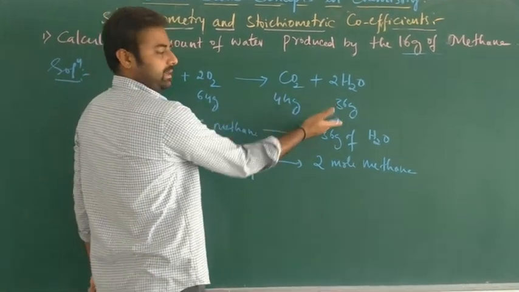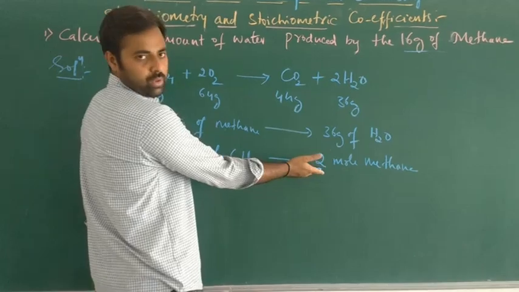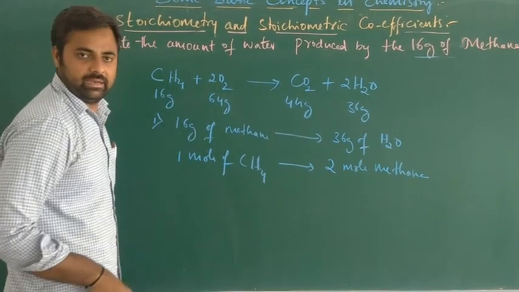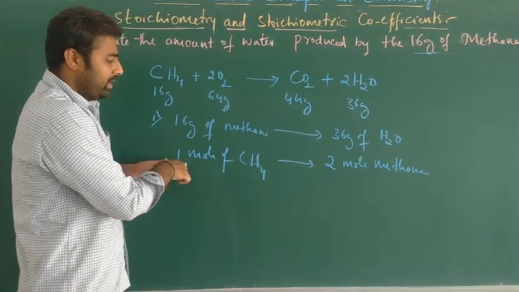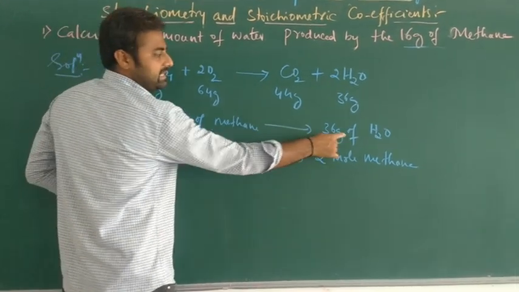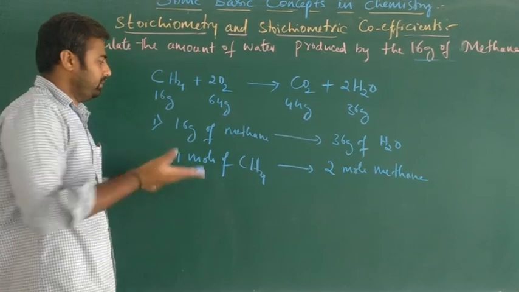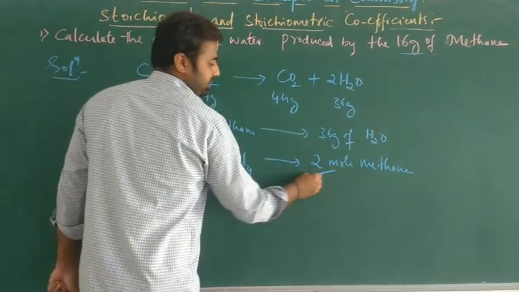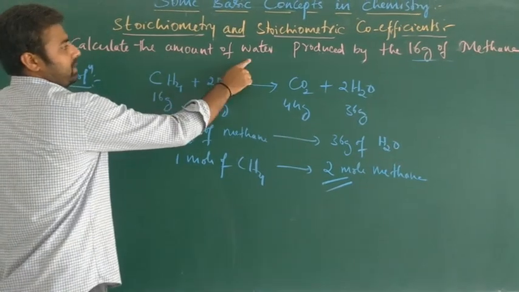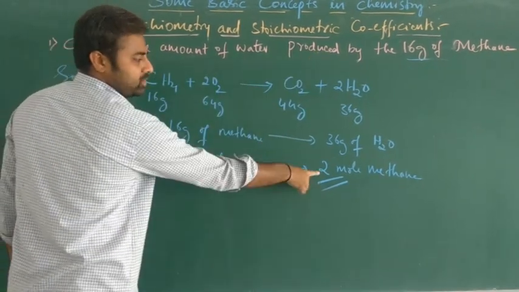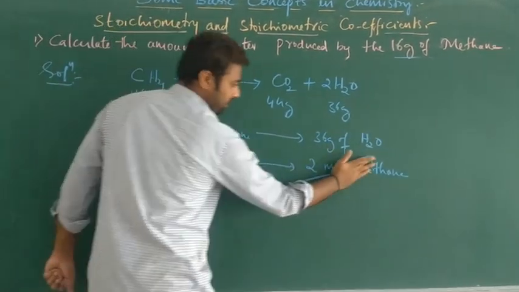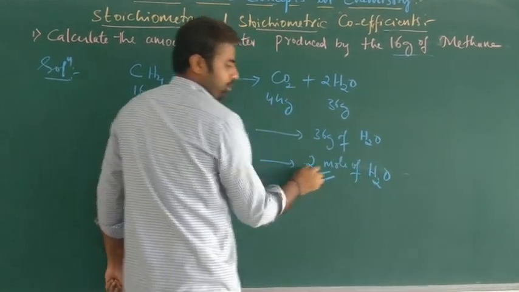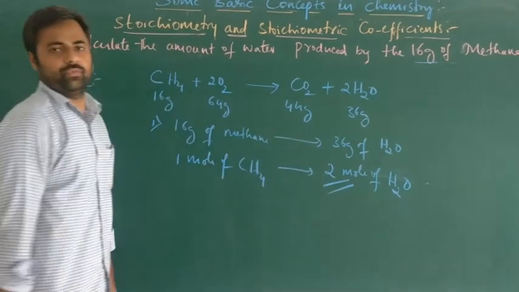You can express it in grams or you can express it in moles, right? 2 moles of water is obtained from the 1 mole of methane, or 36 gram of water is obtained from 16 gram of methane. Very simple question, and this is the answer. The amount of water produced by 16 gram of methane is 2 mole of water, or 36 gram of water.